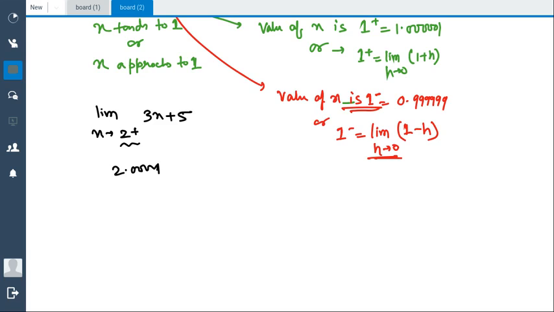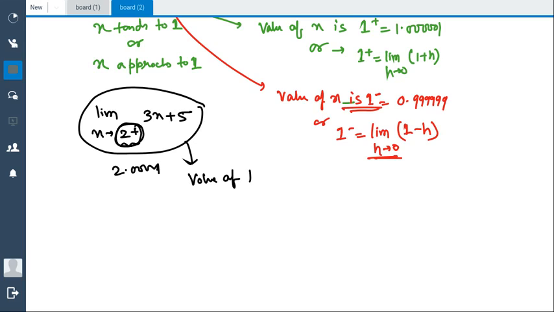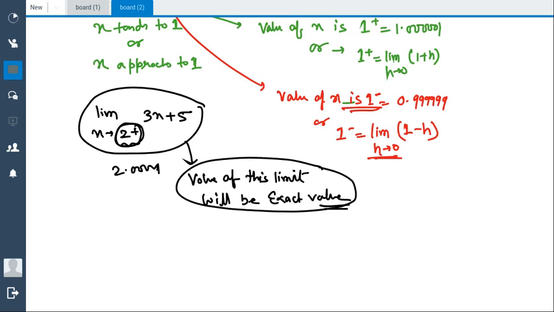So you need to understand that this is a number tending to 2, but the value of this limit will be an exact value. It will be tending to something, but the value will be the exact thing. So if we put 2, then what do we get? 11. 11 is the correct answer.